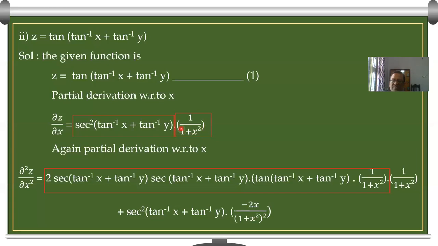Therefore, the derivative of 1 is 0 and of x square is 2x. So the total derivative of 1 by 1 plus x square is minus 2x by 1 plus x square whole square. And one more point before going to the next slide: the two functions are the same, sec, therefore it becomes sec square. Next slide.